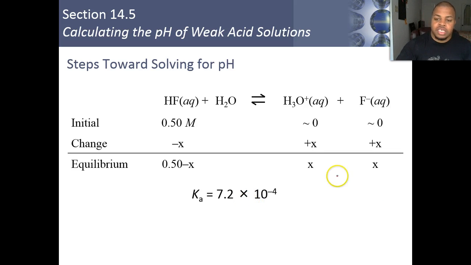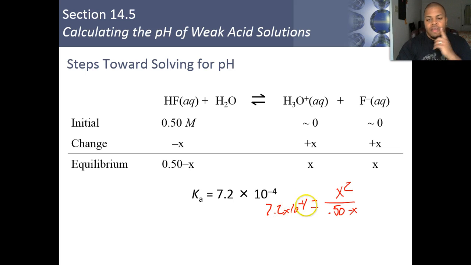So if we plug this in, I'll write it here: x squared over 0.5 minus x equals this value, 7.2 times 10 to the negative 4.